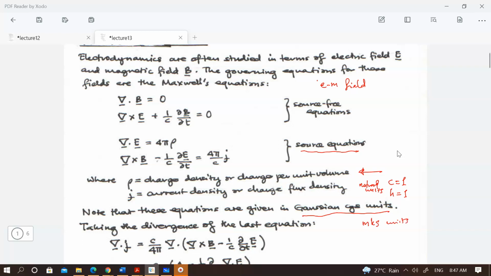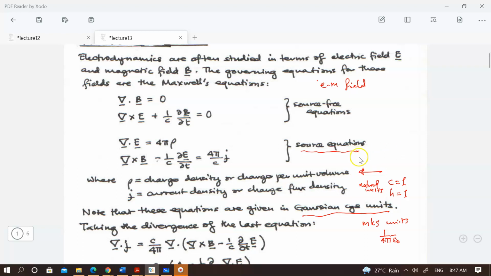In MKS units you have this 1 over 4 pi coming in together with the epsilon naught. So this gets modified differently, and they are not equivalent. It's just a historical mix-up; you have all these different units inside electrodynamics.